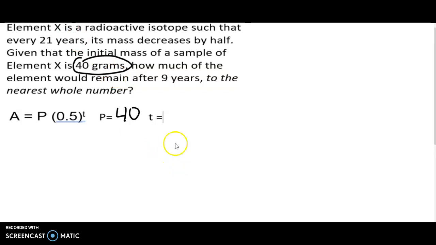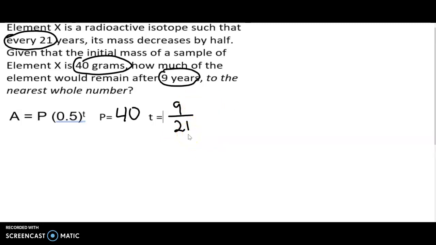Now we're going to do this fraction for T. Remember that the every part goes in the denominator, in the bottom. So we've got 21. And then the total number of years here is 9 years. Now, notice how in the last problem, the bigger number was on top and the smaller number was on bottom.